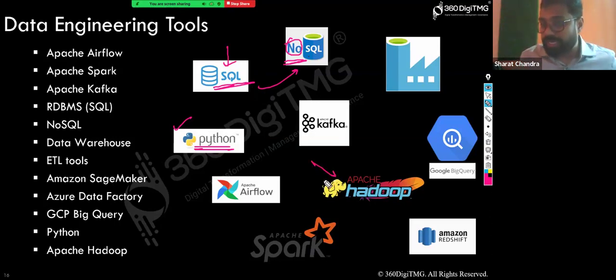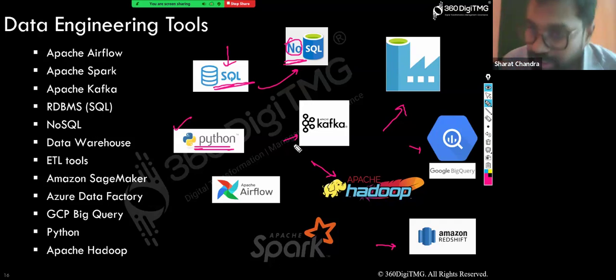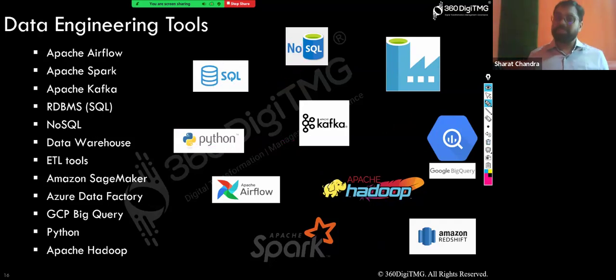Then we will talk about big data systems. We'll talk about cloud platforms. We'll be talking about real-time streaming, and you'll also be doing projects with respect to real-time streaming on cloud platforms. So this is basically what is covered, from end to end, as part of the program.